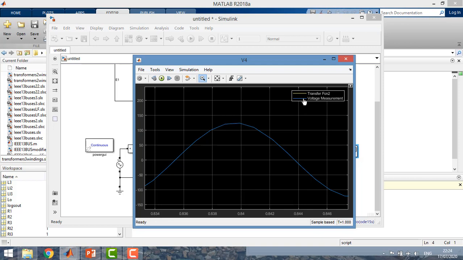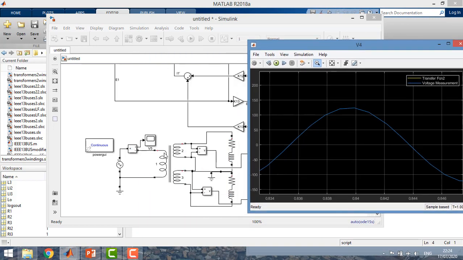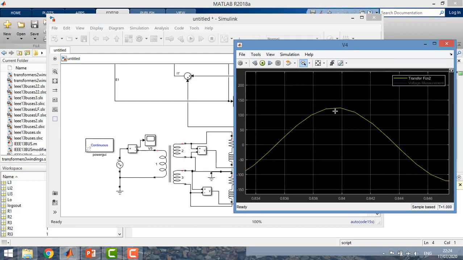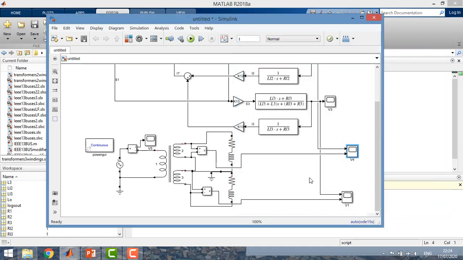So the blue signal is coming from the transformer block. The yellow one is coming from the first modeling approach, which uses transfer function blocks, and they are identical. This is for the secondary winding voltage.